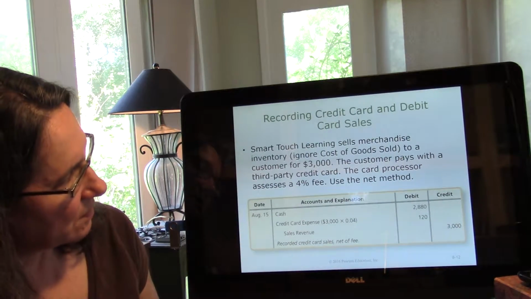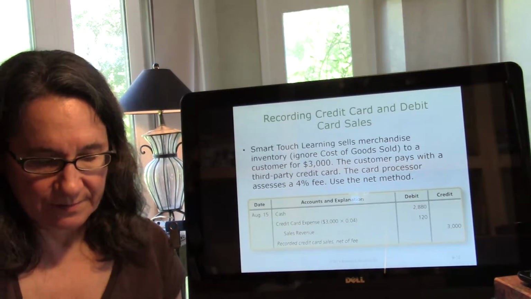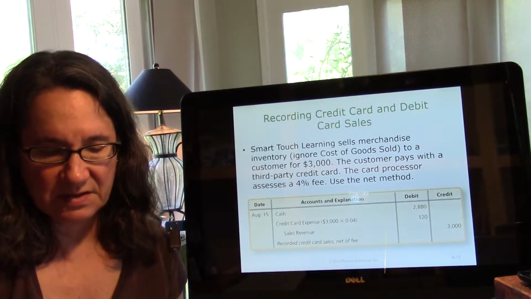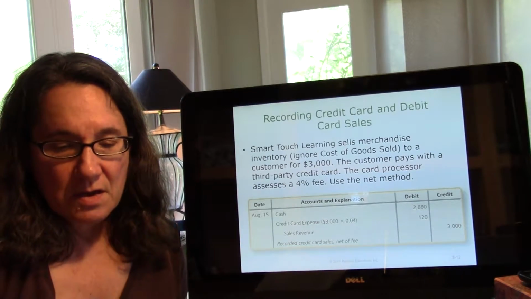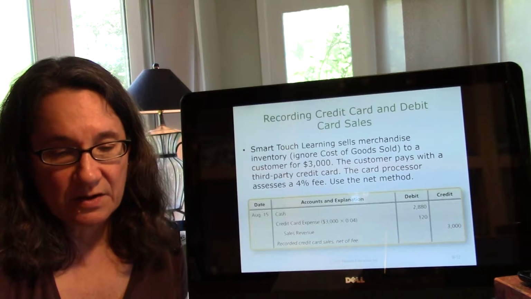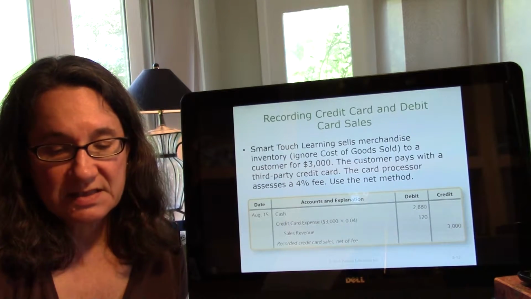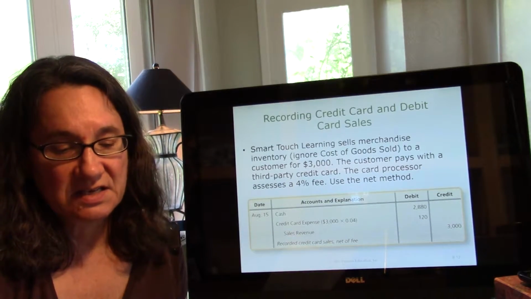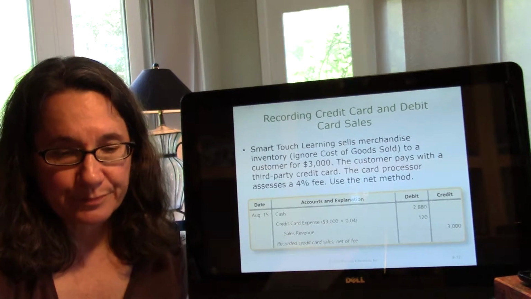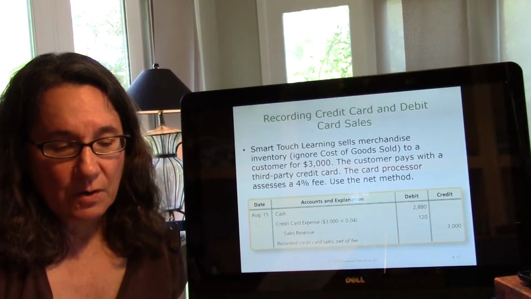All right, so let's look at this. Recording credit card and debit card sales. Under the net method, the seller records the total amount of the sale at the time of the sale. The anticipated amount of the fee is deducted, and only the net amount of cash is recorded. So here's an example.